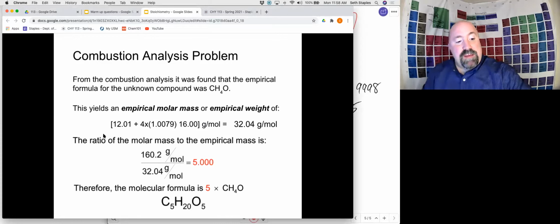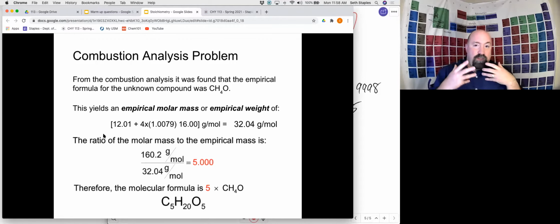So what we've done here, and hopefully you're starting to see, is a powerful type of analysis. If we have a completely unknown compound, say a mysterious white powder that somebody brings into the lab, we can send it through a couple of different analyses.